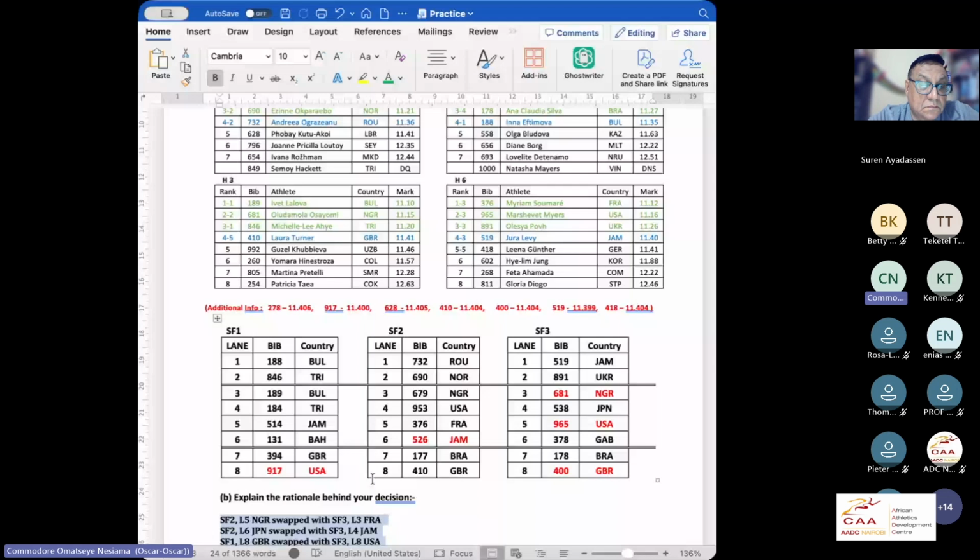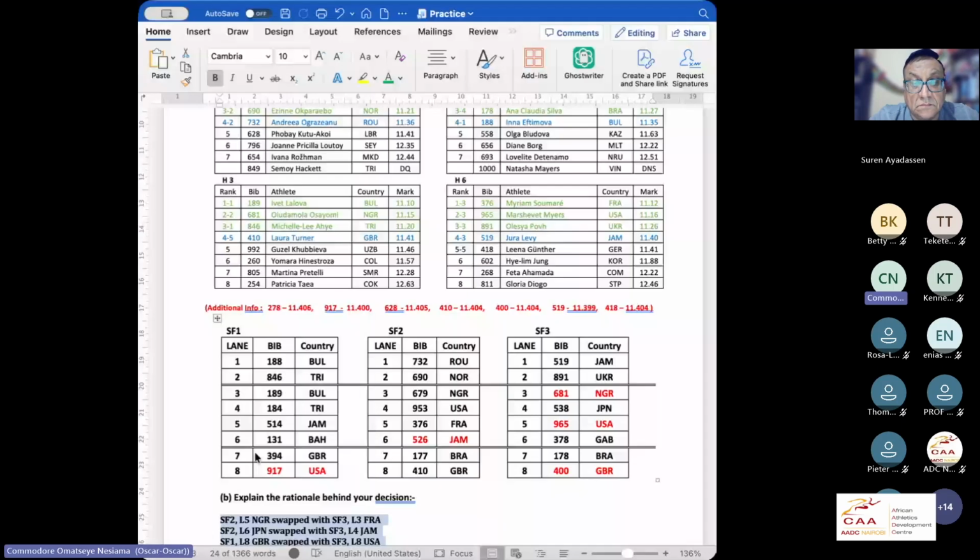You cannot swap someone from lane 2 to 8 as well. It can only be 2 and 7 because they are in similar lane draws. So it must be drawn.